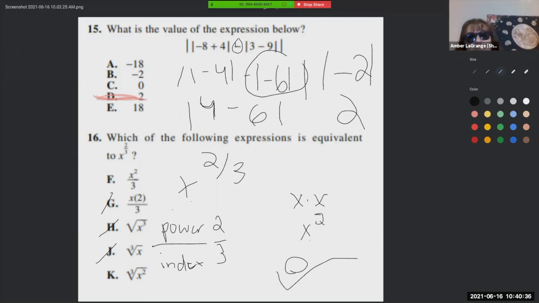So we put our index, which is 3, right here, and then we have x squared on the inside. That marks off F, because it's not a fraction of x squared divided by 3. However, it is the cube root of x squared. So that leaves us with K.